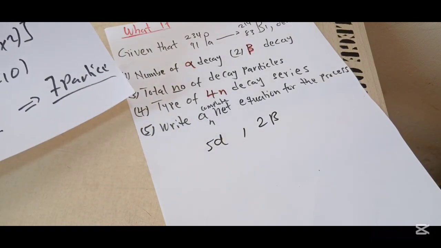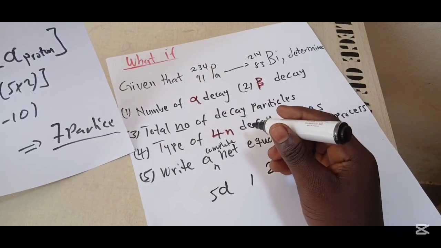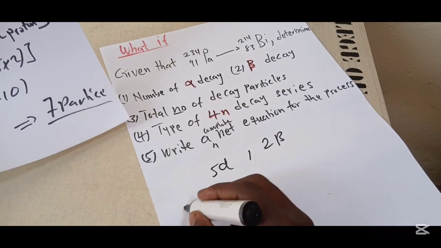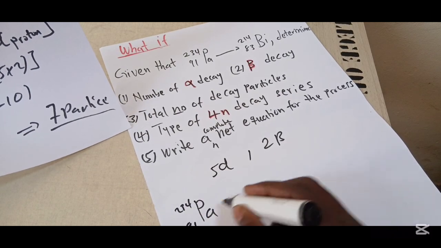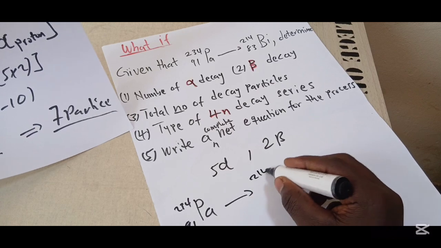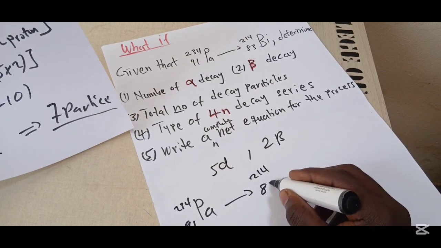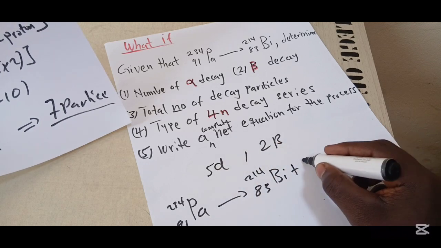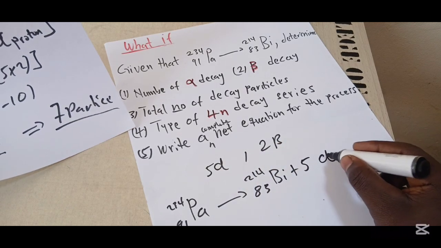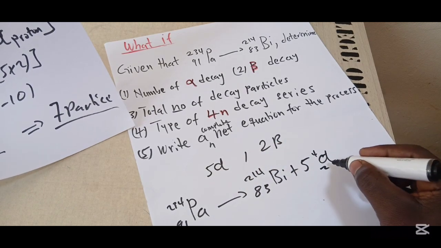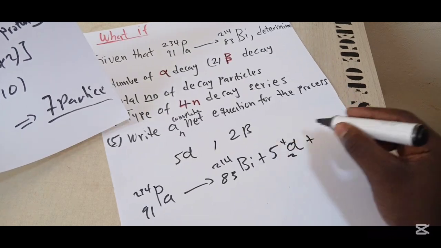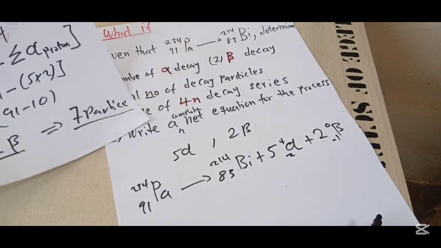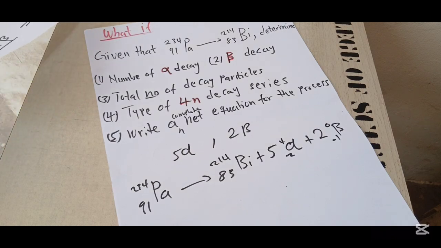So we can write the overall reaction: protactinium-234 (234, 91) gives us bismuth-214 (214, 83) plus 5 alpha particles plus 2 beta particles. So this is the net equation for this process.